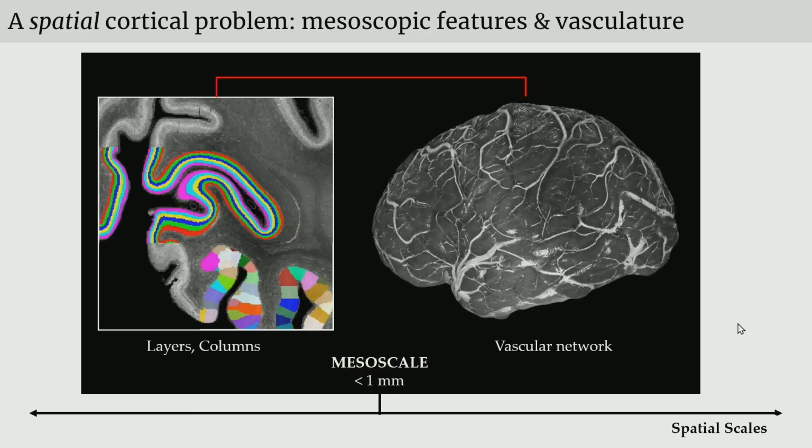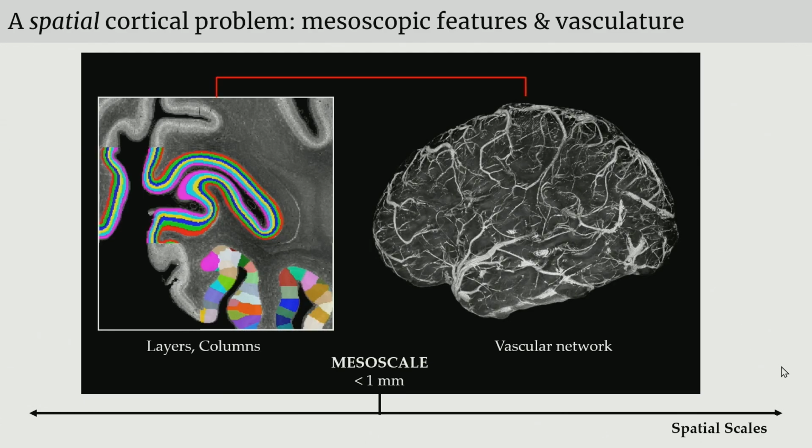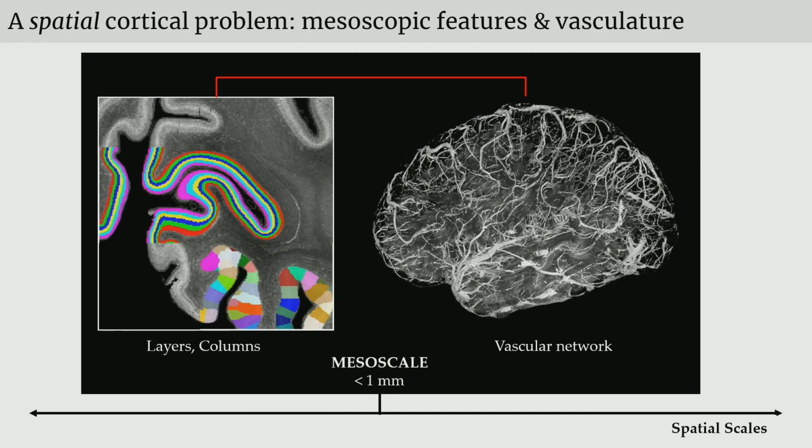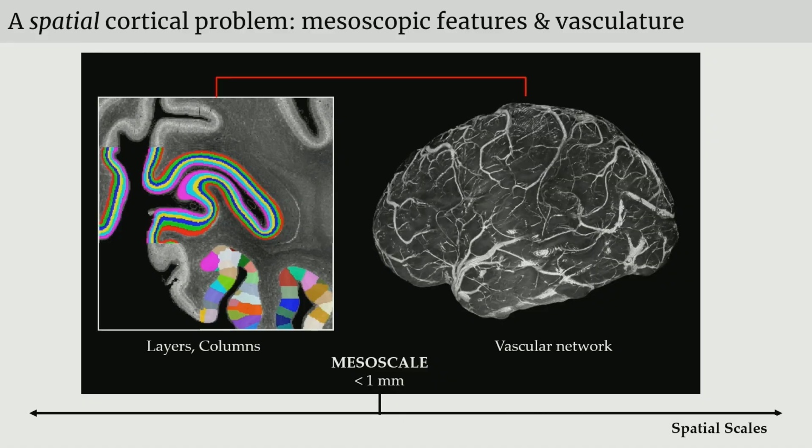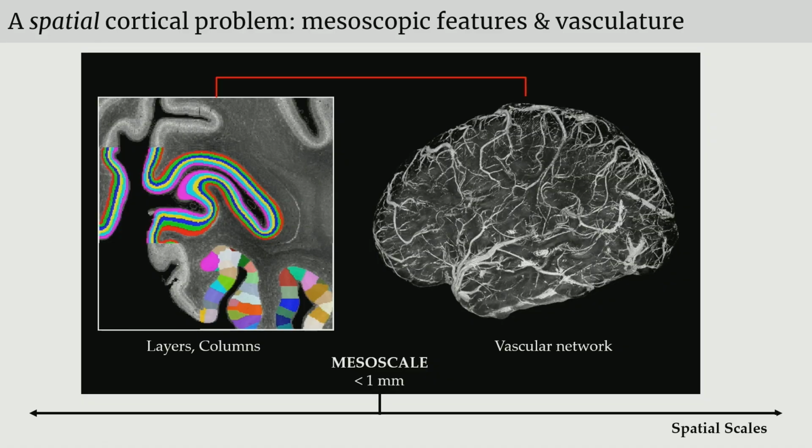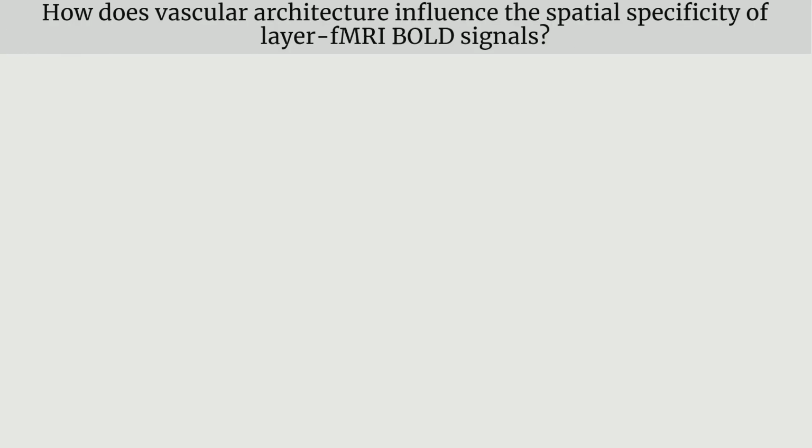However, cortical layers and columns appear themselves as a spatial feature inside the neocortex. Therefore, it's really relevant to combine this with a spatial feature of the vasculature, which is feeding this feature to appear functionally. So in this study, we are trying to address the following question.